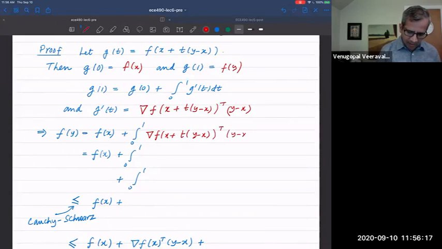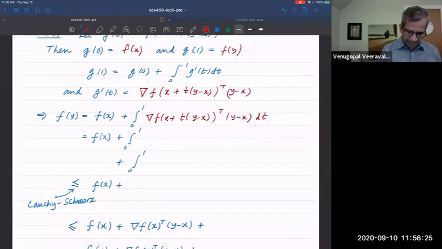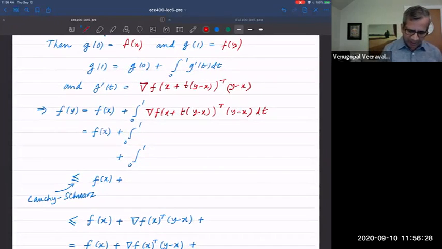Transpose (y minus x) dt. Okay, and so now what I'm going to do is the following. I'm going to add and subtract something here, because I have to use the Lipschitz gradient condition.